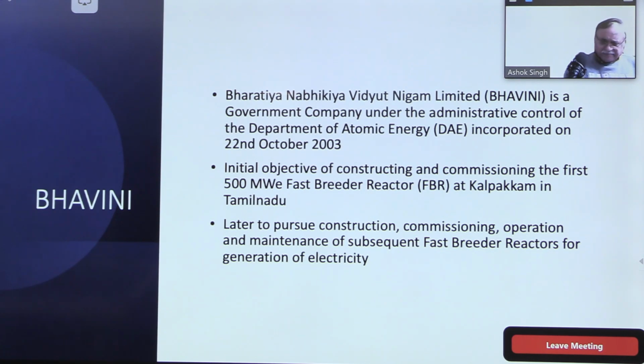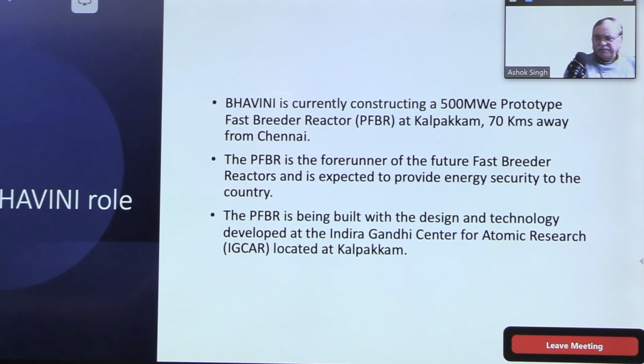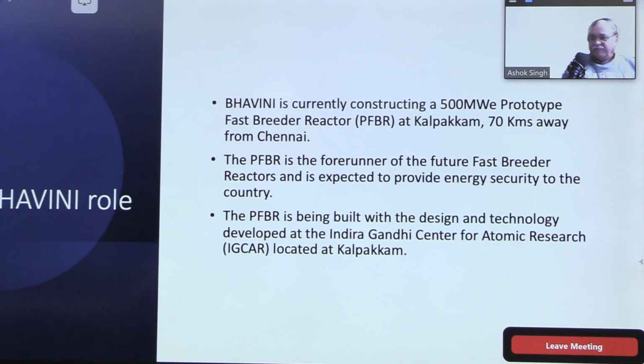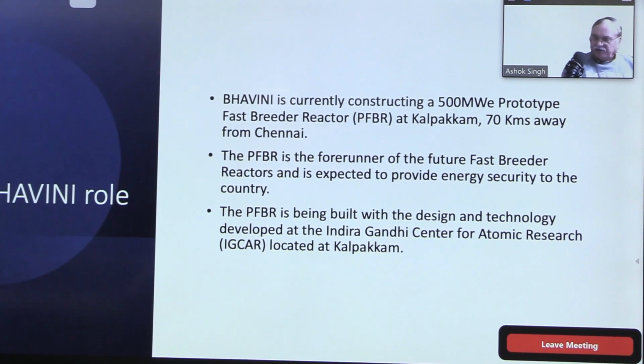Now, a bit about the technology and the progress achievements. See, this 500 megawatt prototype fast breeder reactor. Prototype means that it will be a design basis for future reactors, but it will be actually producing electricity.